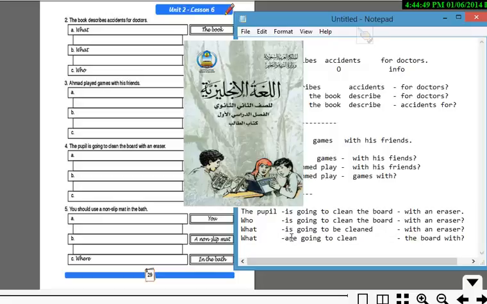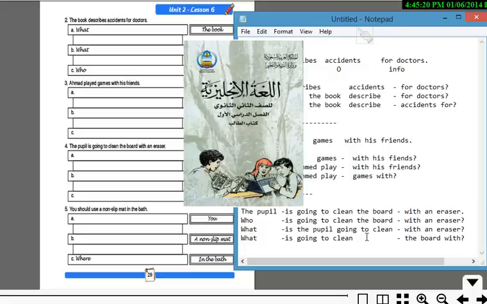Oh, this is one pupil. I'm sorry, I thought pupils. Okay, what is the pupil going to clean with an eraser? I don't know what happened to me here. Really sorry, my fault. Okay, so this is the last part again.